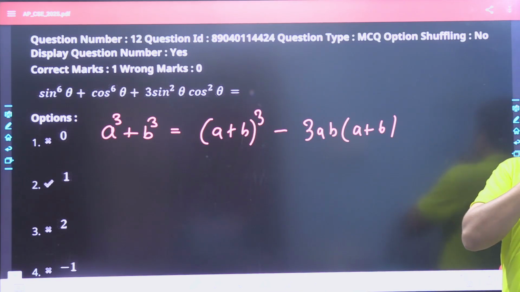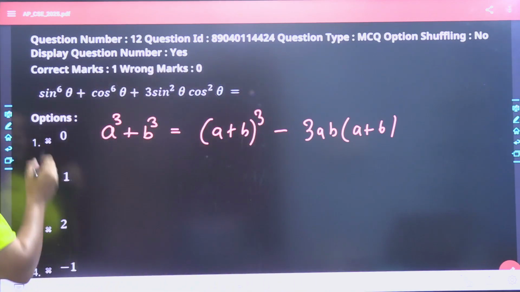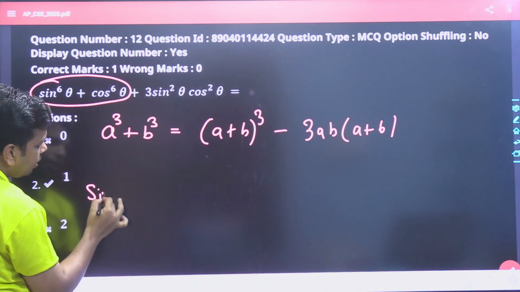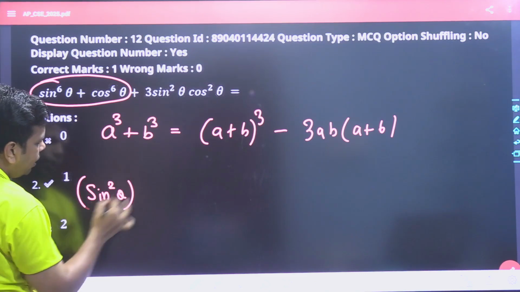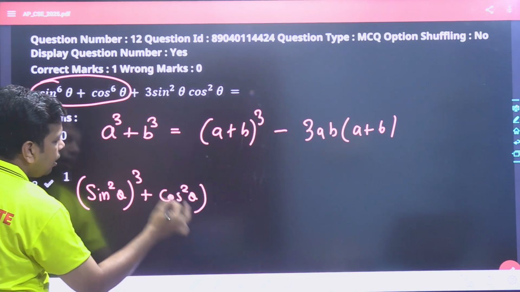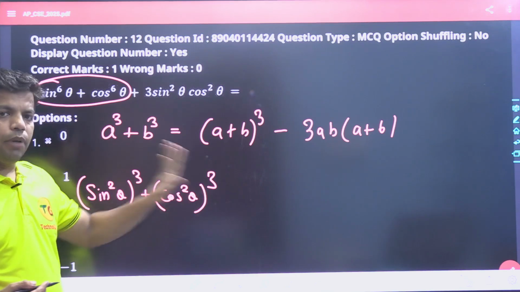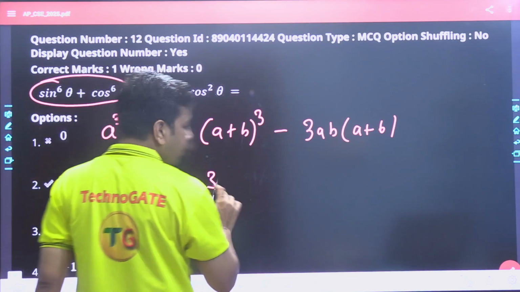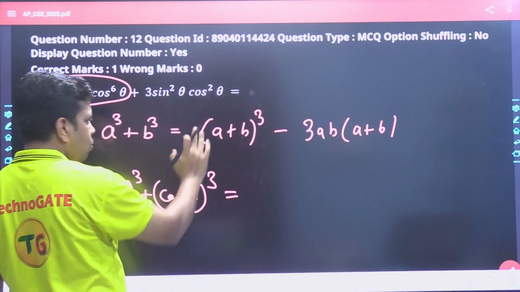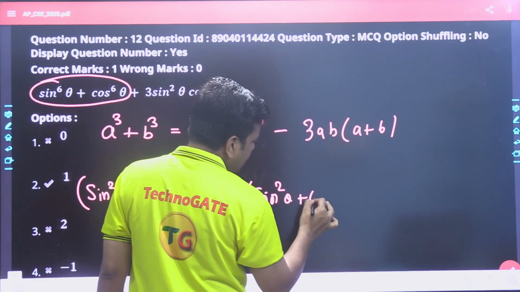Now see here, if I am writing sin square theta whole cube plus cos square theta whole cube, it's just like a cube plus b cube. Now just apply that formula: a plus b whole cube minus 3ab into a plus b, with sin square theta and cos square theta.